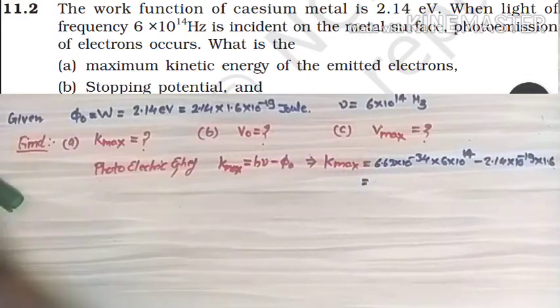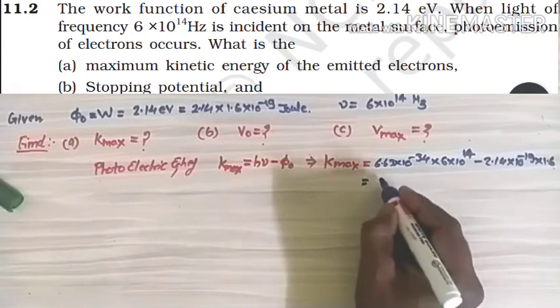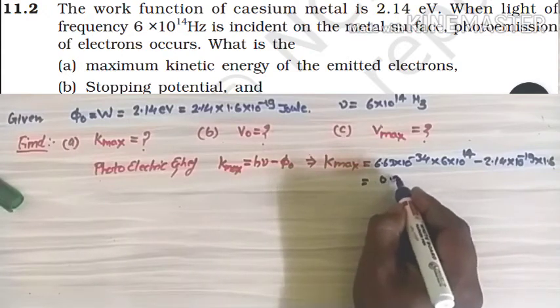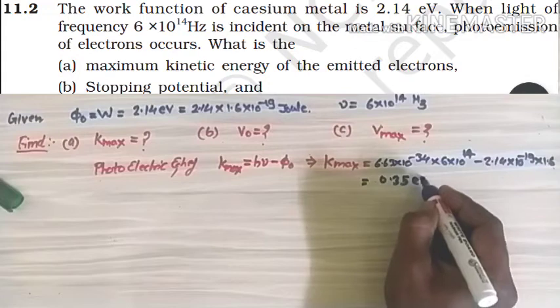So students, you calculate the maximum kinetic energy from this. Here we calculate 0.35 electron volt.